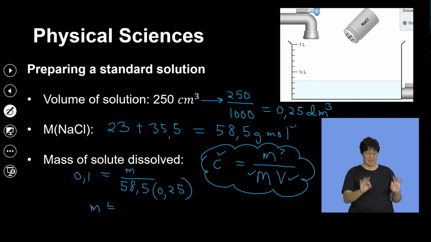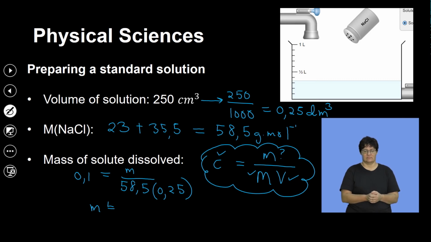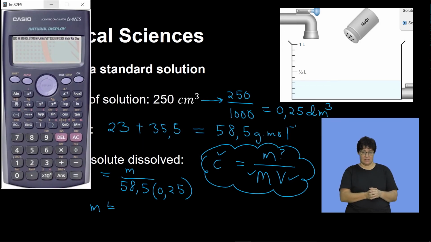Okay, so just to verify, to get the actual value of the mass of the solid, now just to calculate the actual mass of the solid in that solution, we can go to our calculator. What do we have here? We've got the concentration, the volume, and then the molar mass.